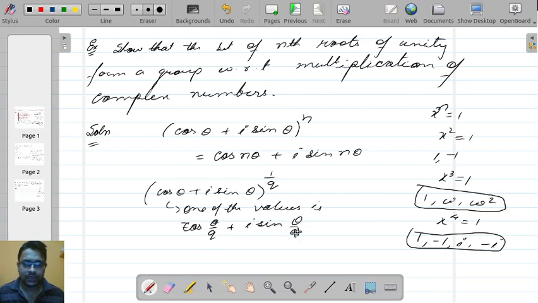There are other values as well, which are given by cos of (2 pi r plus theta) by q.